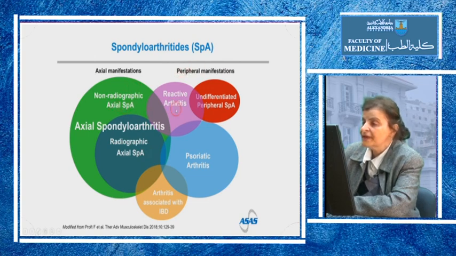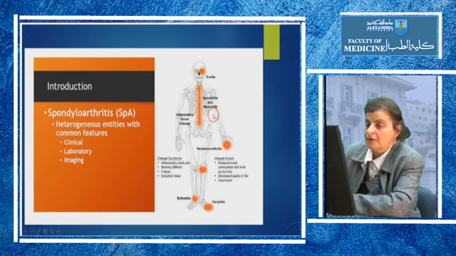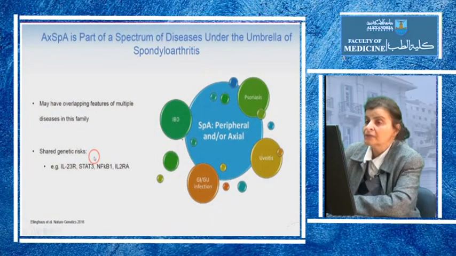And the peripheral SpA includes psoriatic arthritis, arthritis associated with IBD, reactive arthritis, and the undifferentiated SpA. So once again, we say spondyloarthritides are heterogeneous entities that share clinical, laboratory, and imaging features. And we'll see these one by one as we go along.